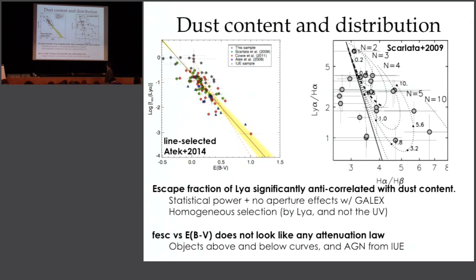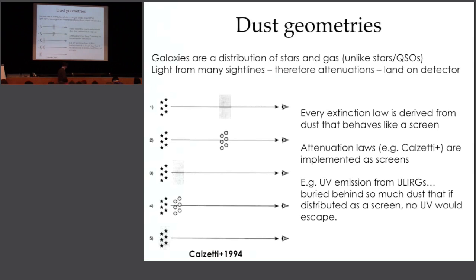So it doesn't look like any extinction or attenuation law that we know. It seems, in fact, to be stuff that was already seen in 1980 in the IUE samples, that sometimes galaxies emit surprisingly much Lyman-alpha, given the fact that they have a lot of dust in them.